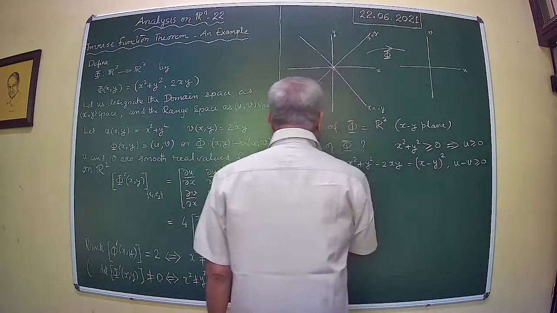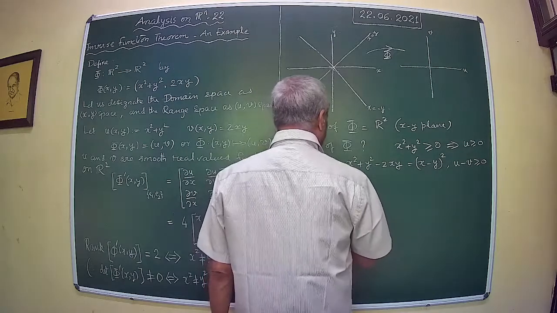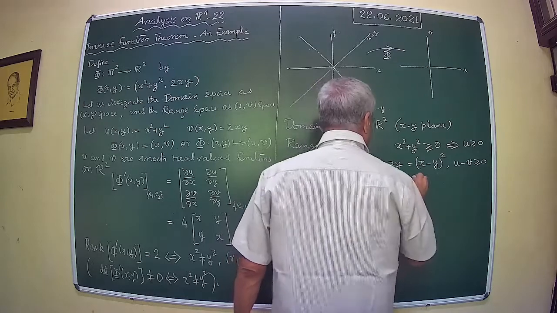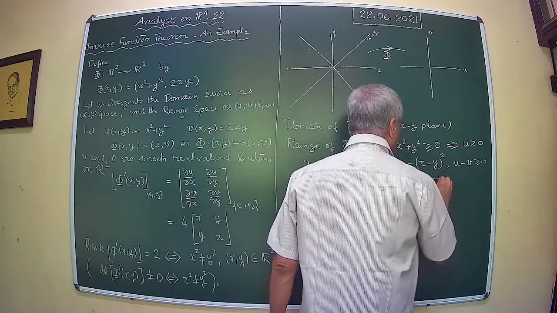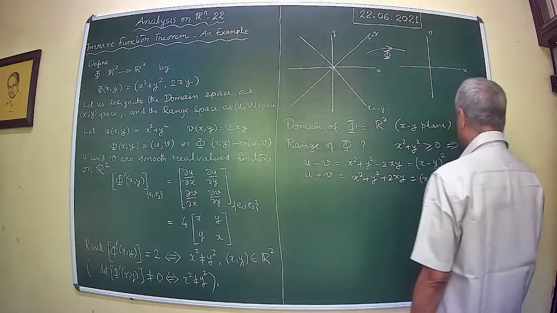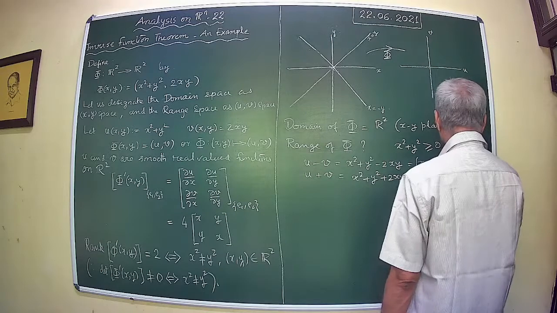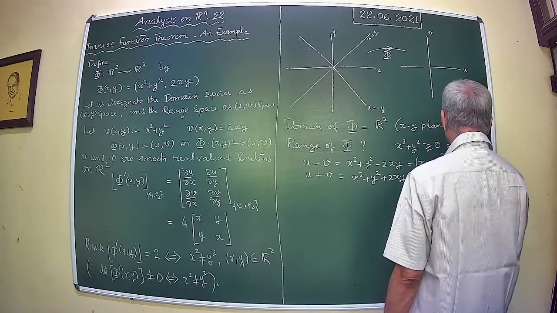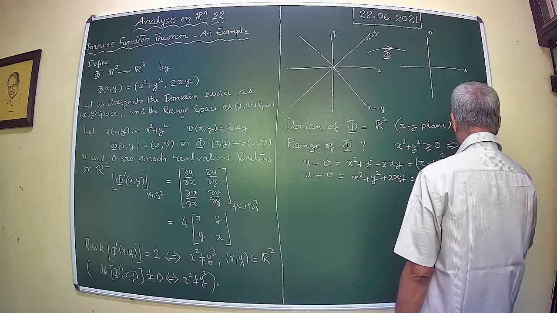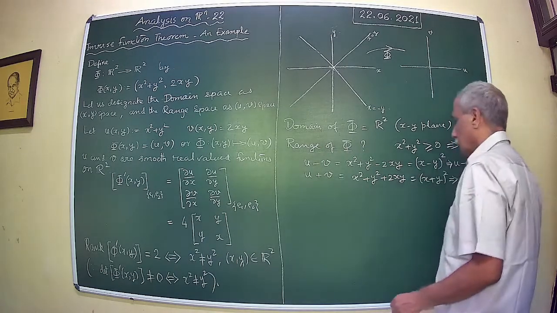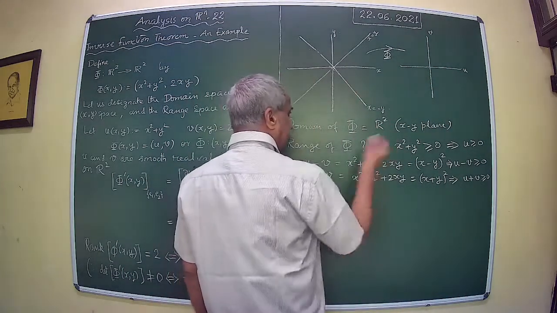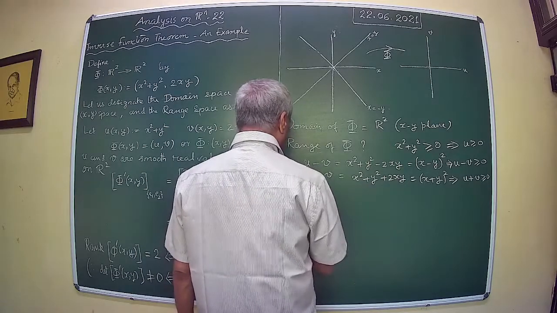So also u plus v equal to (x plus y) whole square. Therefore, u plus v is greater than or equal to 0. And you know that u is positive, so you know u is greater than or equal to 0.